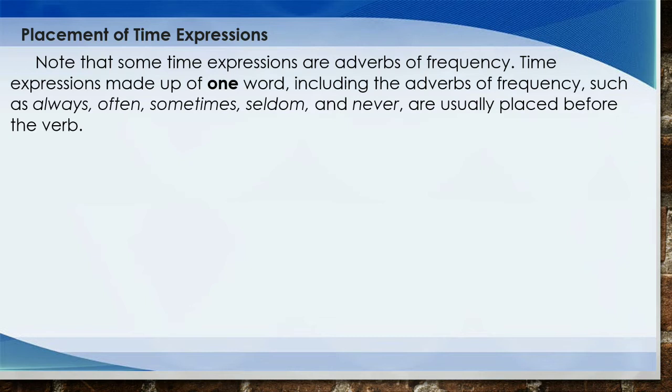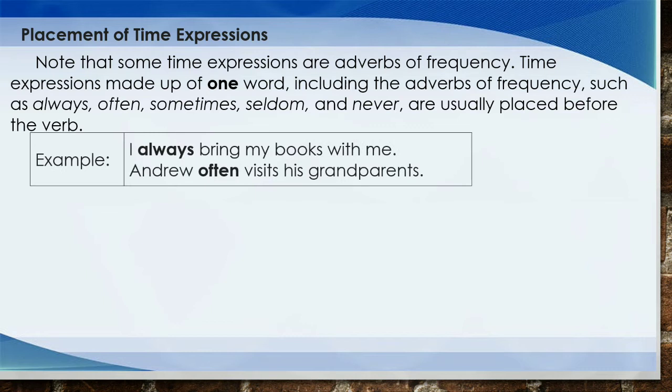Time expressions made up of one word, including the adverbs of frequency, such as always, often, sometimes, seldom, and never, are usually placed before the verb. Example: I always bring my books with me. So the time expression is always, and it is placed before the verb. So what is the verb in the sentence? The verb in the sentence is bring. So the time expression is placed before the verb.